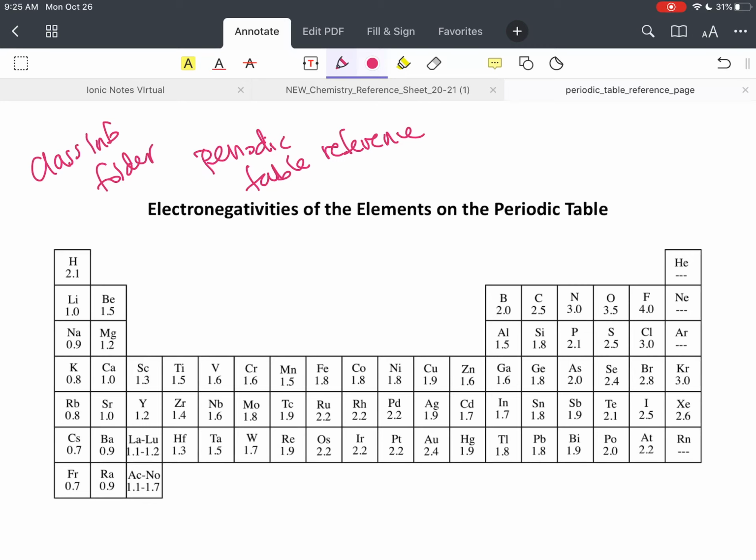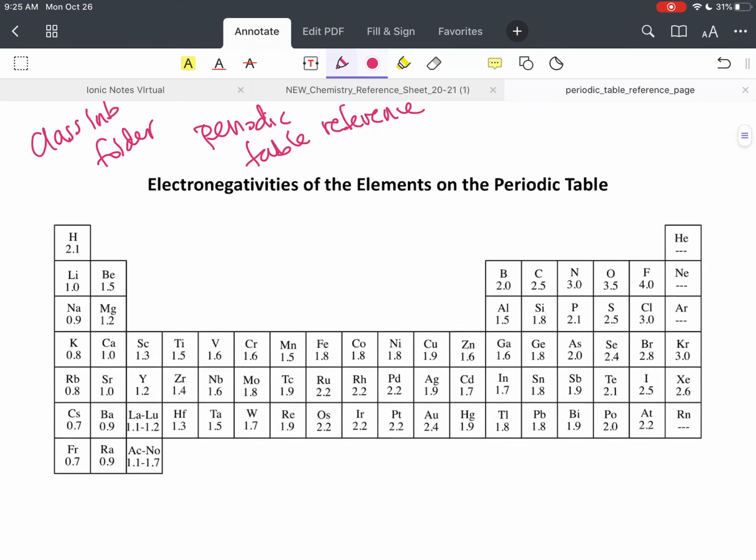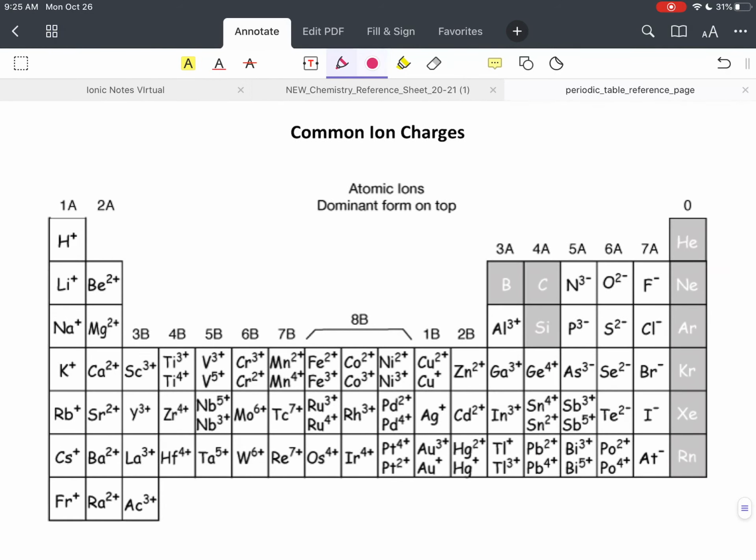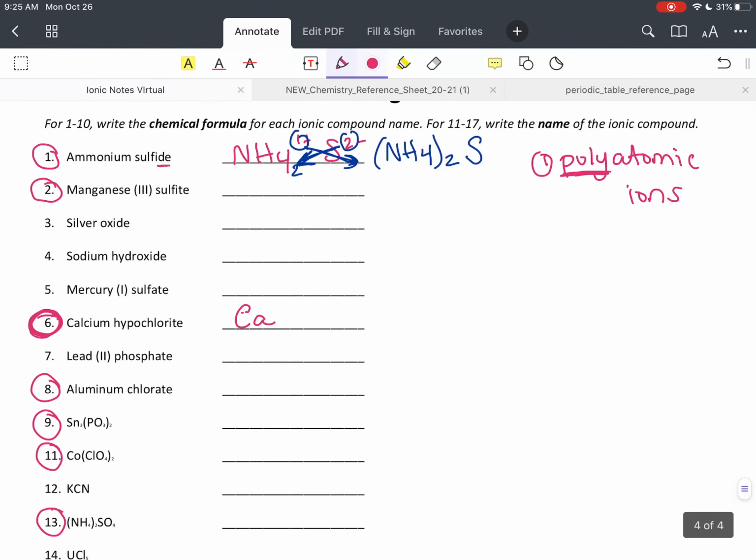This is another one that I would save to my desktop or print so that I have access to it, because down here we're going to use these charges. So here's calcium. It has a 2 plus charge. So I'm going to fill that in on my notes.